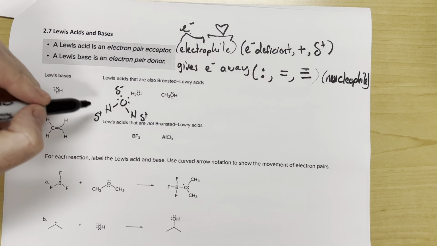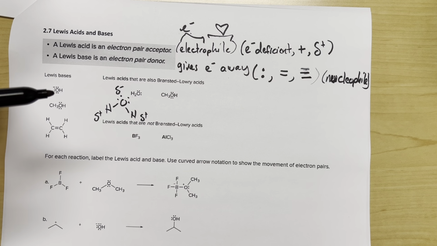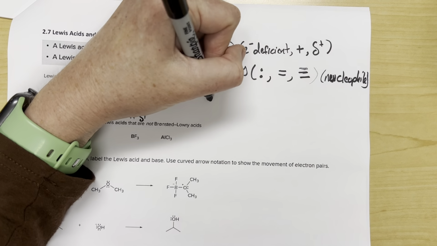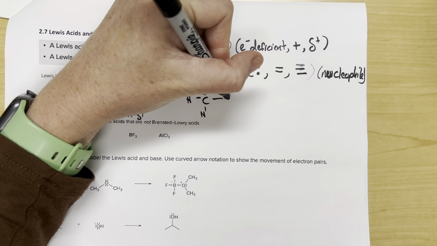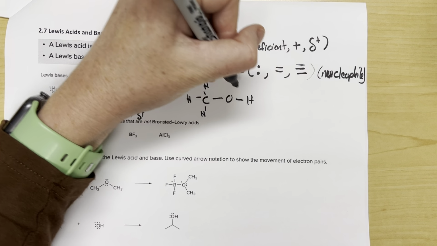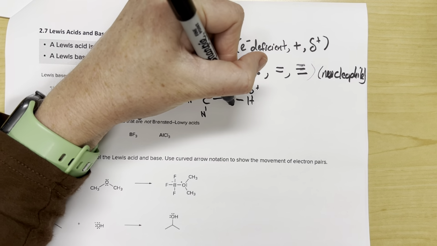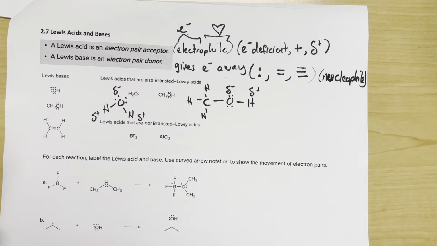So this can act as an acid with its partial positive site, or it can act as a base with its lone pair. And this one, same thing. You have CH3 to an O to an H. This is partial negative. This is partial positive. So you have a partial positive site, and you also have a lone pair. So that's why these can actually act as both.